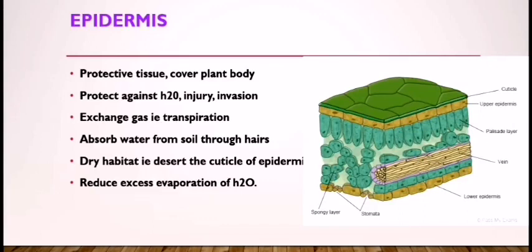So in that case the cuticle of the epidermis is there. You can see in this diagram the topmost layer is the cuticle. Cuticle is more beneficial for plants in the desert area to conserve water, so the evaporation is less. In that case the cuticle will be essential.